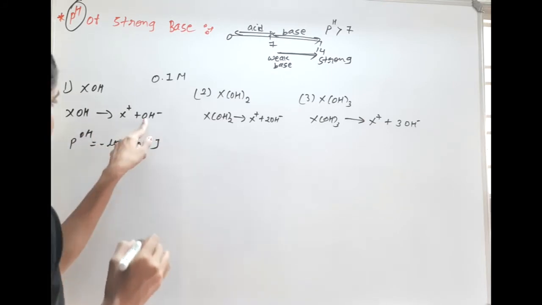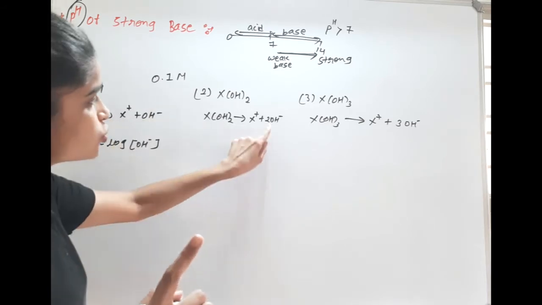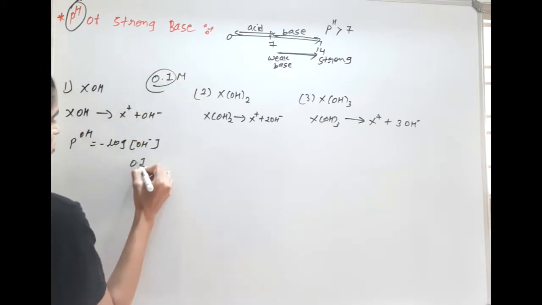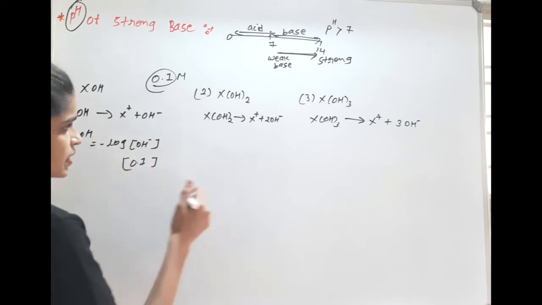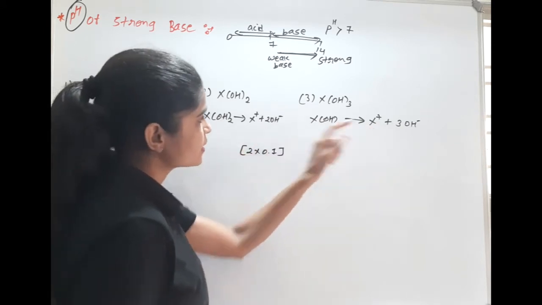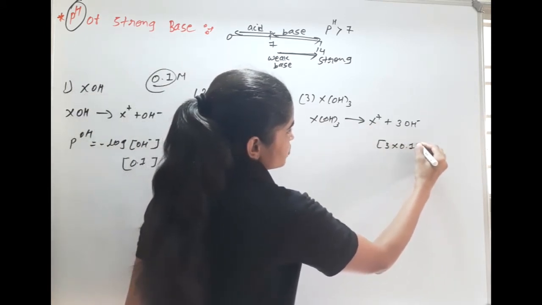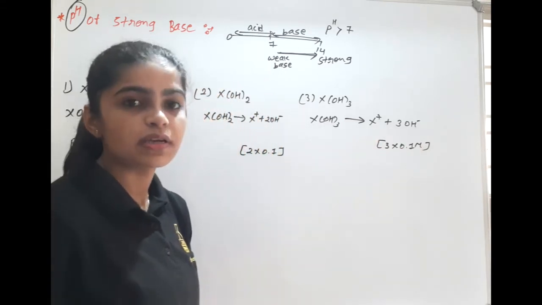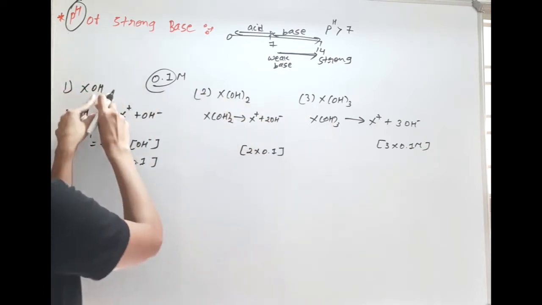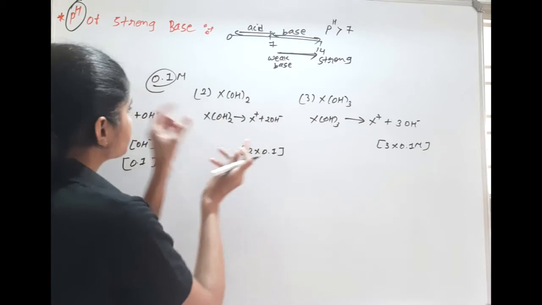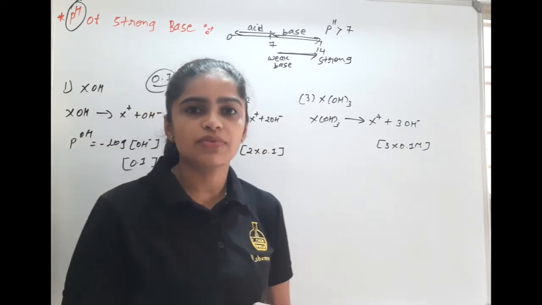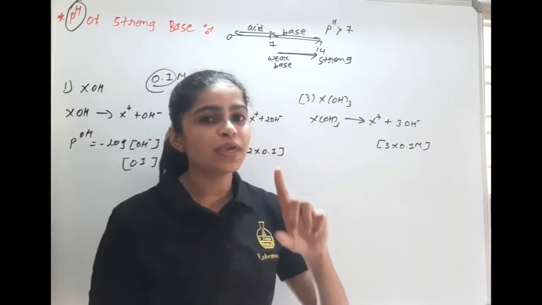For the first, the value stays the same because 1 OH- is present. For the second it is 2 times 0.1 molar because of 2 OH-, and for the third it is 3 times 0.1 molar because of 3 OH- present. That is the difference in concentration for the monohydroxide, dihydroxide and trihydroxide: the monohydroxide stays the same, the dihydroxide is multiplied by 2, and the trihydroxide by 3. That way we find the pOH value.